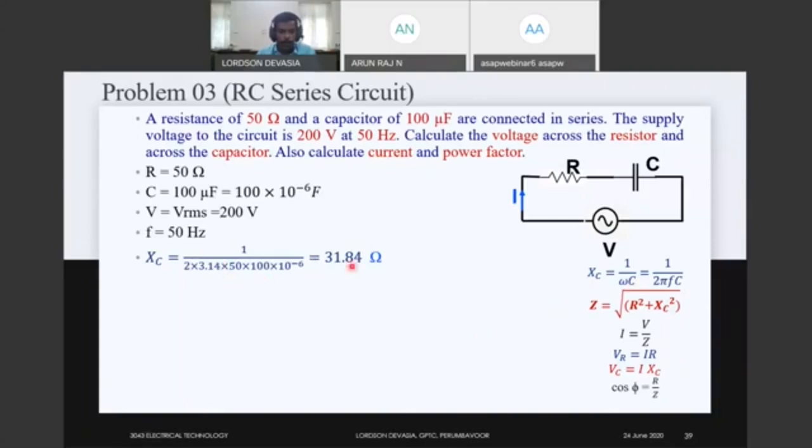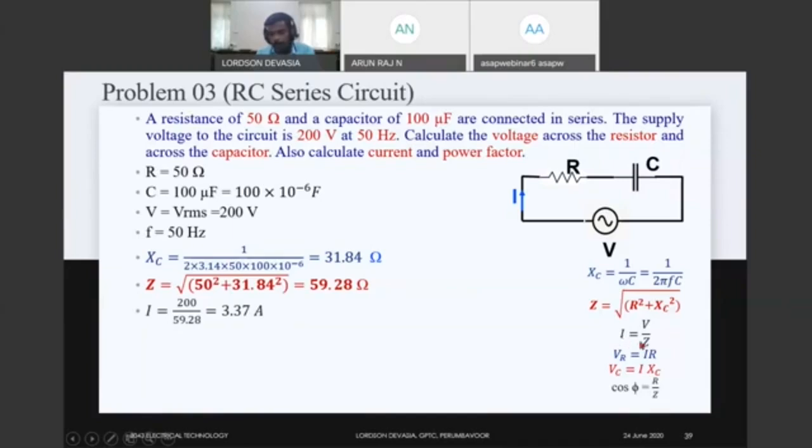1 by 2 pi fC becomes 31.84, and Z is equal to root of R square plus Xc square. So 50 square plus 31.84 square, this becomes 59.28. Then current is equal to V divided by the impedance, that is 3.37 ampere.